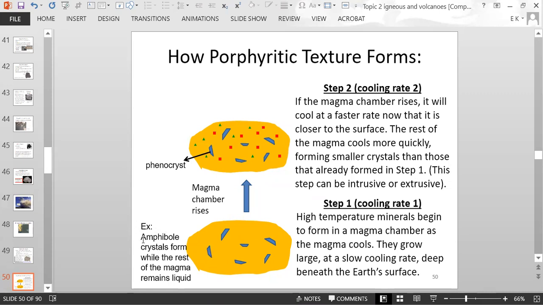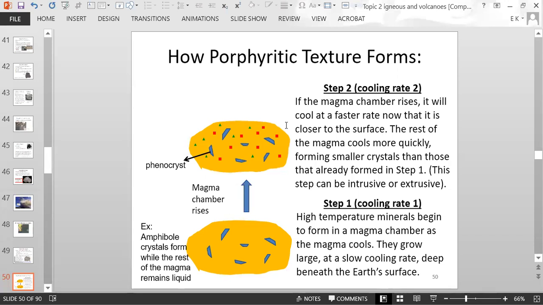So for example, a mineral called amphibole is going to form while the rest of the magma remains liquid. Okay, and that goes back to what we were talking about. When a magma cools, you start to form some of the crystals while the rest of the magma still remains liquid.